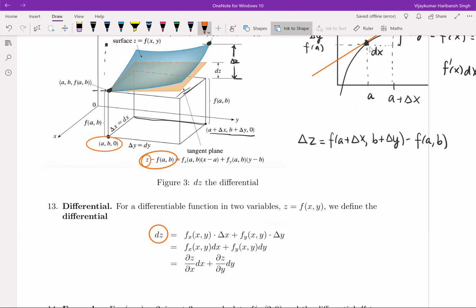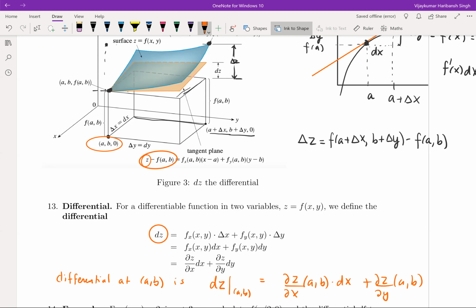Okay. Now this is a differential of this function. However, the differential at (a, b), which you can call dz at (a, b), is given by the partial of z with respect to x evaluated at (a, b) times dx, plus the partial with respect to y evaluated at (a, b) times dy.